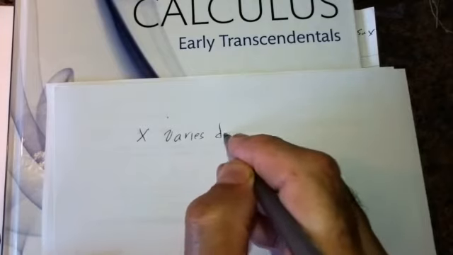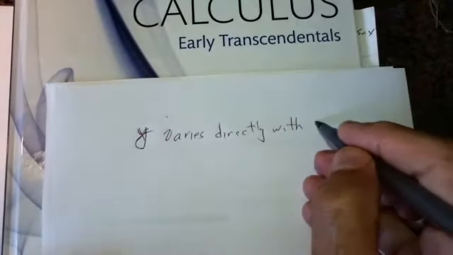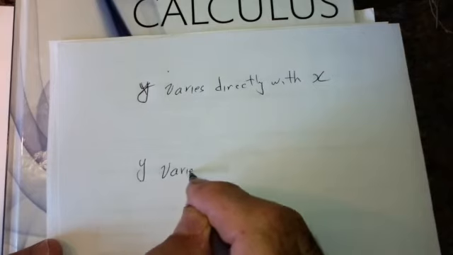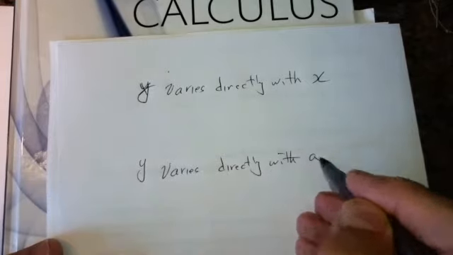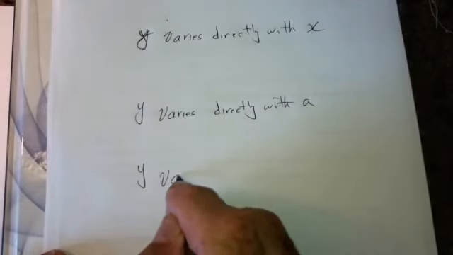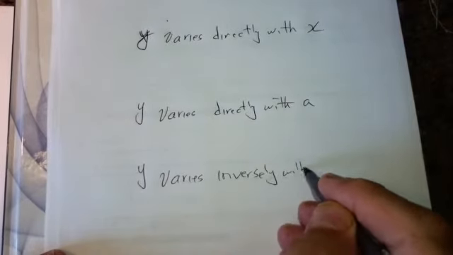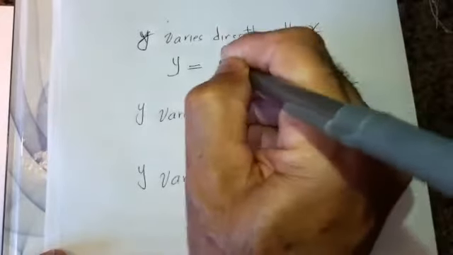Now, let's say I tell you here that Y varies directly with X. Or I say Y varies directly with letter A, or Y varies inversely with X. Directly means if you have a Y, you have an X here too.